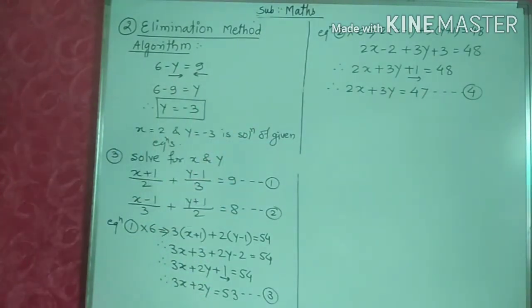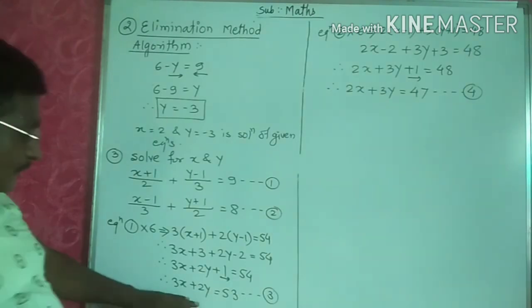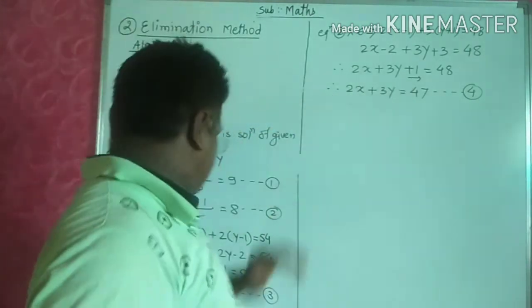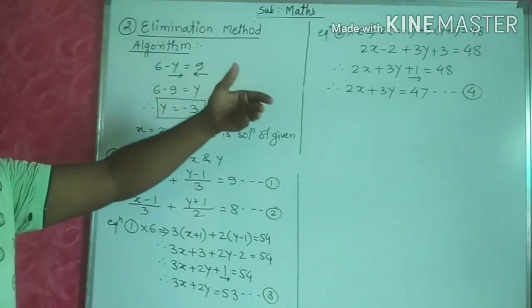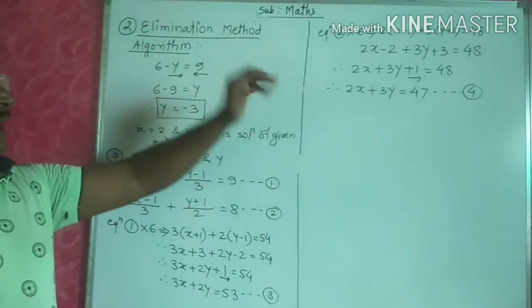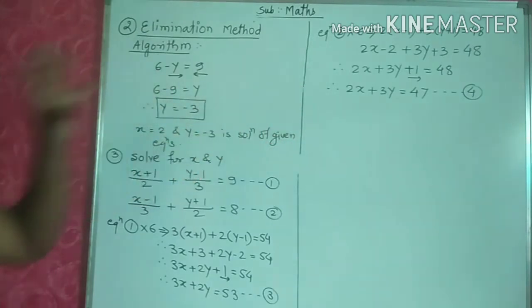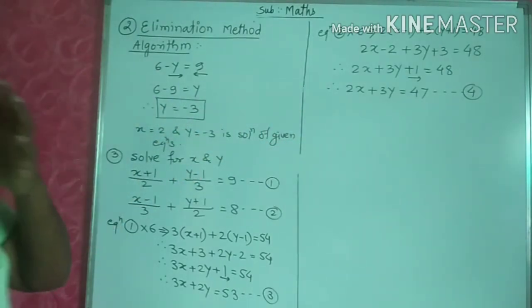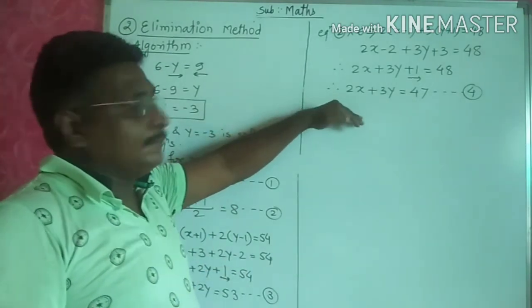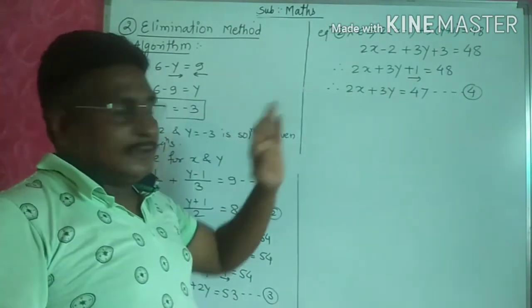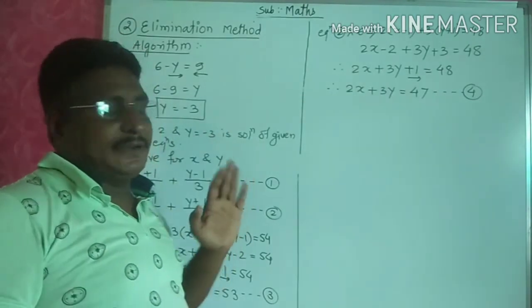Now check it. Both variables have the same sign, plus and plus. So according to your wish you can make the coefficient of any one variable equal. So decide which one you want to make the same. Suppose we make the coefficient of x equal.